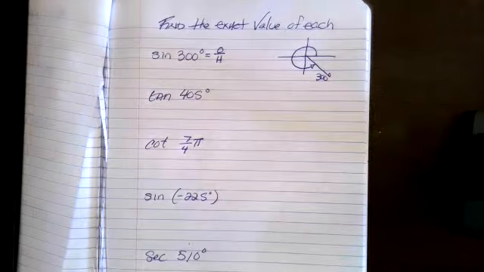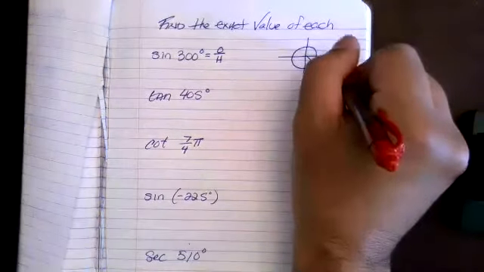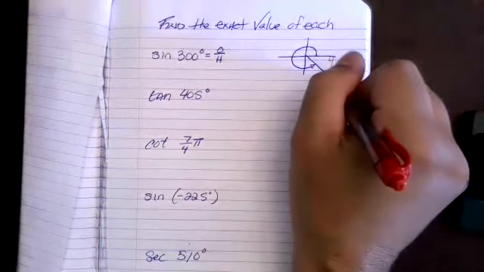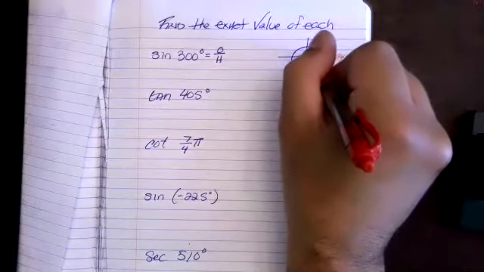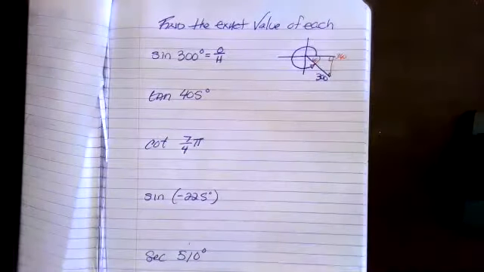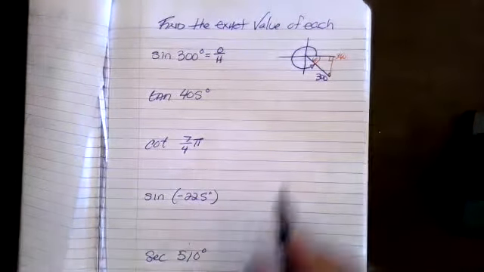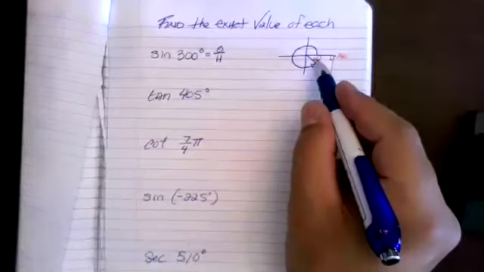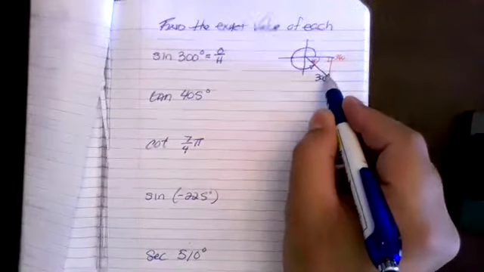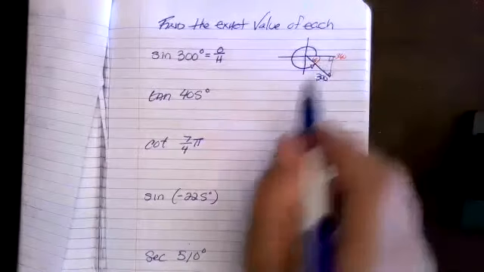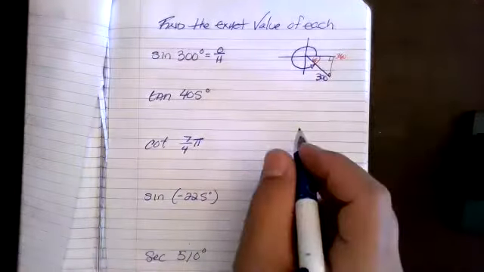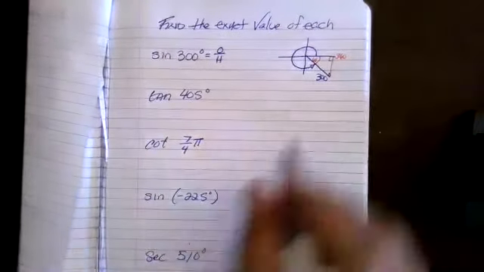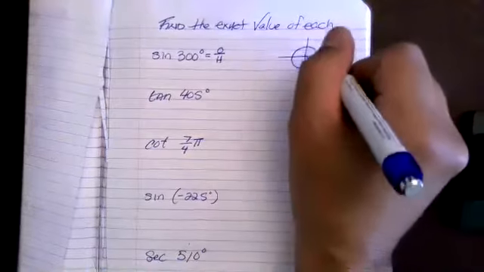So I can make a reference angle here, or a reference triangle. If this is 300 degrees, and I know this is 360, well then this has to be a 60-degree reference angle. And if this is a 60-degree reference angle, then this has to be 30 degrees. This is a 30, 60, 90 triangle. And if it's a 30, 60, 90 triangle, I know what all the sides are. Across from my 30 degrees would be my smallest side of 1.